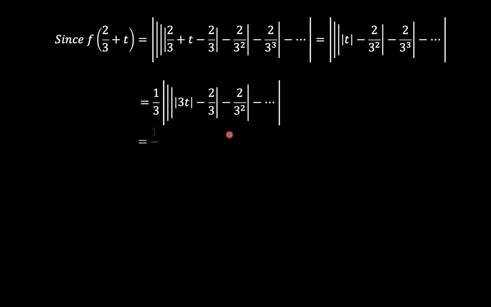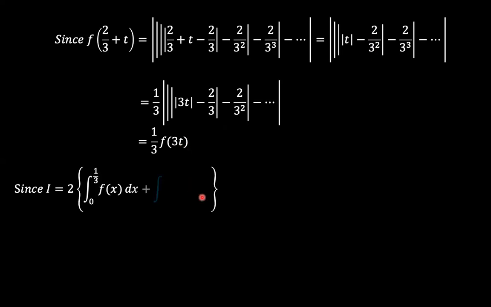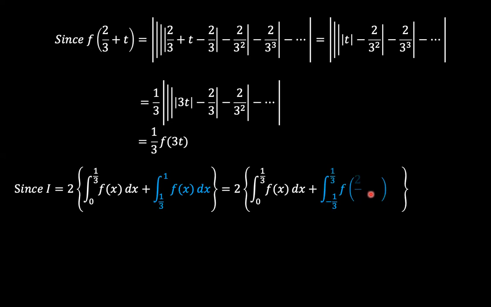And so that means that f of 2 over 3 plus t is a third of f of 3t. Since we have this expression, in the blue integral, in place of f of 2 over 3 plus t, we can place a third of f of 3t.